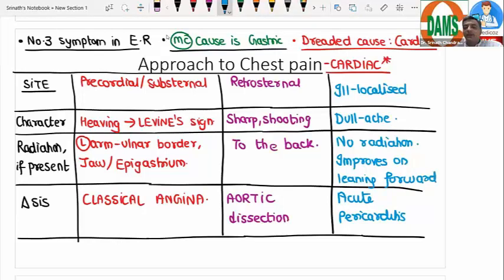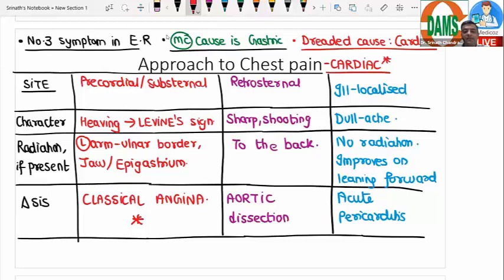So when a patient has chest pain in the emergency room, always think of cardiac causes. Three important questions that we get are to differentiate classical angina, aortic dissection, and pericarditis. Considering the points given in the question, classical angina is the most likely answer in our given patient.